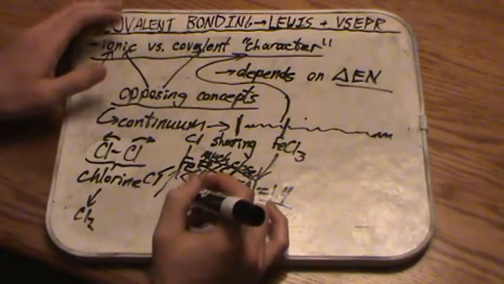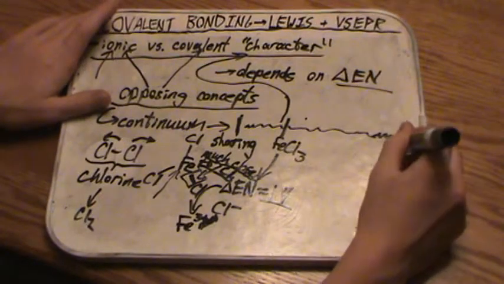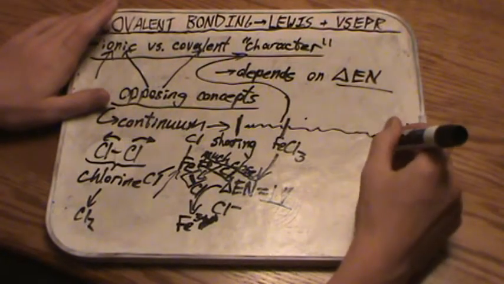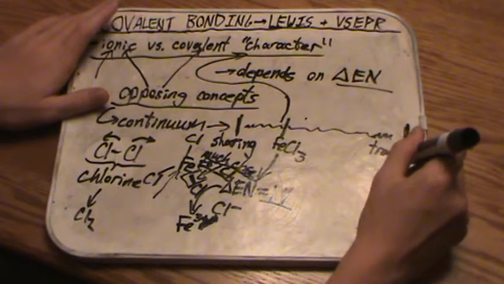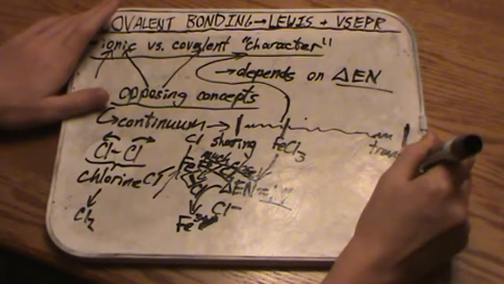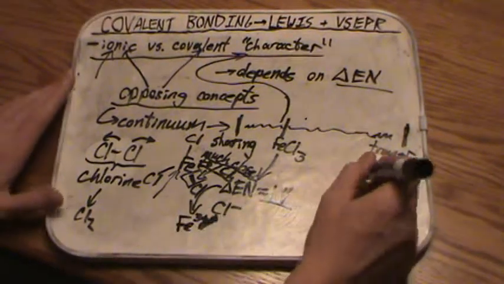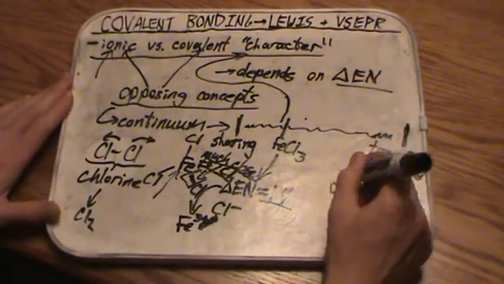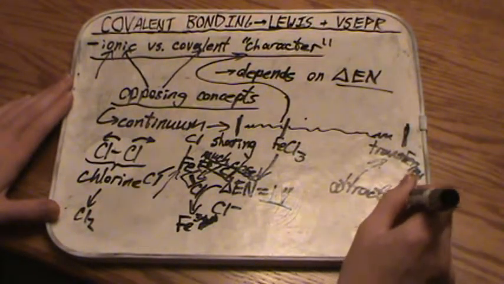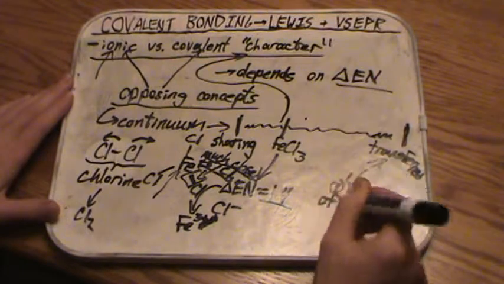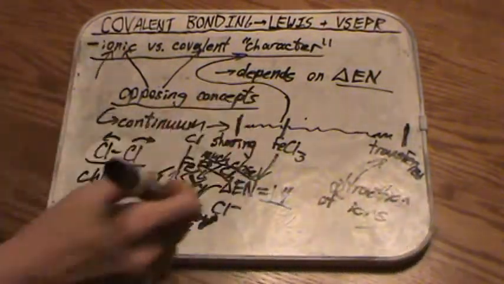Until eventually, in the ideal scenario of perfect ionic bonding, the electrons would be completely transferred. And the idea of the molecular orbital wouldn't exist, and it would just be an attraction of ions.